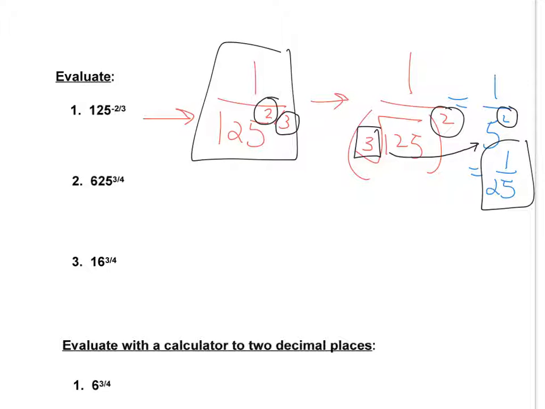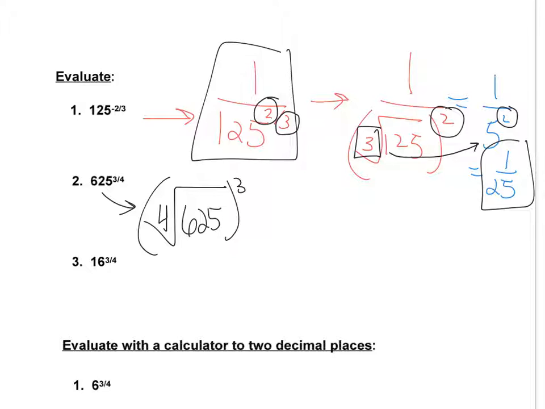I'm going to do the next one with you, and then I'm going to have you try number 3. So 625, again, you don't have to put it under the fraction because it's not a negative exponent, but you do want to rewrite it. Again, 4 is your radical, so it's the 4th root of 625, and then it's still raised to the 3rd power.